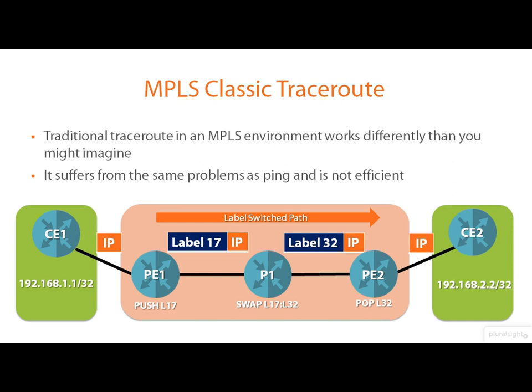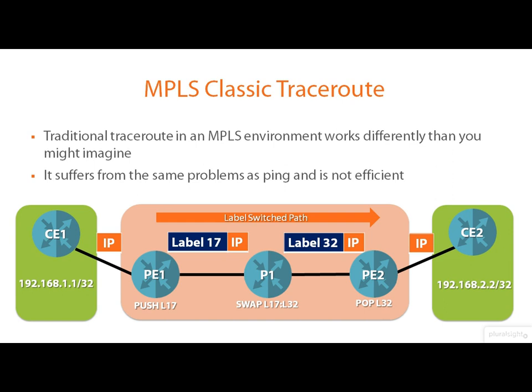Very bizarre. So now P1 generates that TTL expired message, sourced from its interface facing PE1, and the TTL expired message is destined back to CE1, 192.168.1.1, and it goes ahead and imposes a label for that and sends it along towards PE2. So again, it's going towards the right.